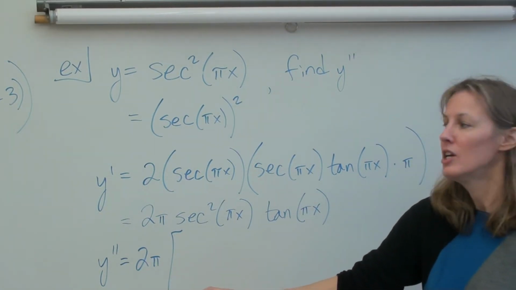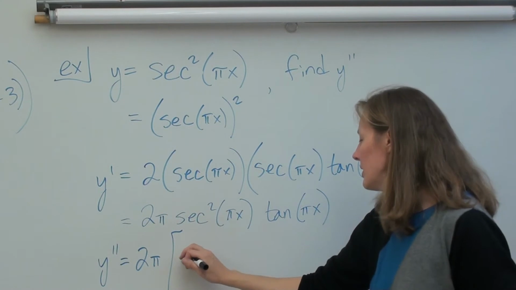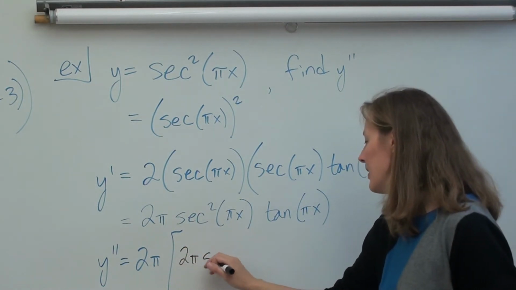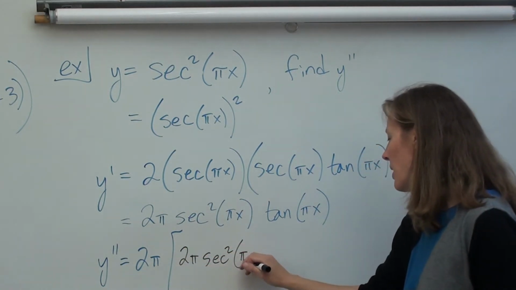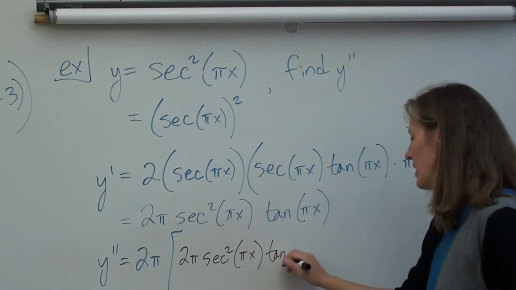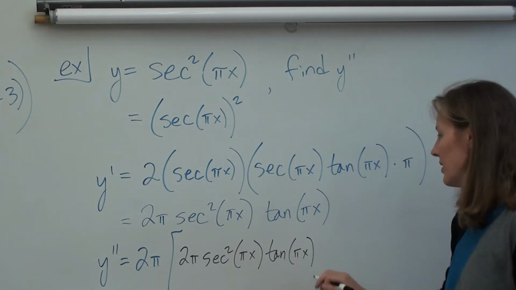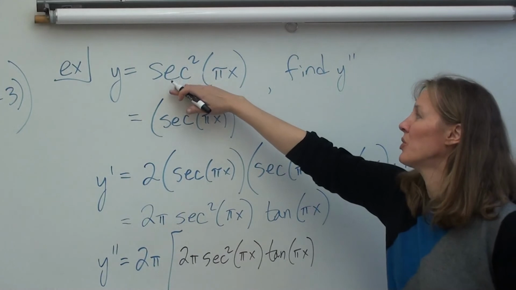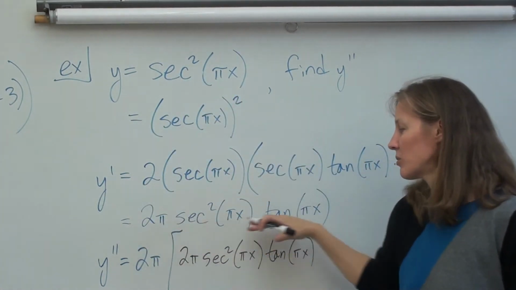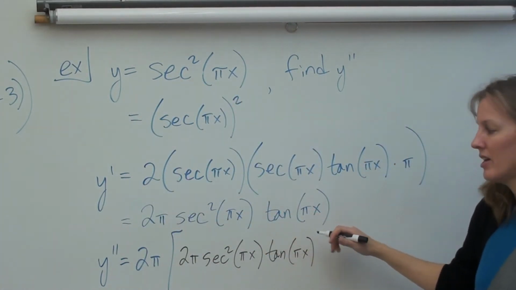Alright, quiet down please. The derivative of secant squared pi x is 2 pi secant squared pi x tan pi x. Now the reason I know that is because we started with the derivative of secant squared and that's what we got, right? Okay.